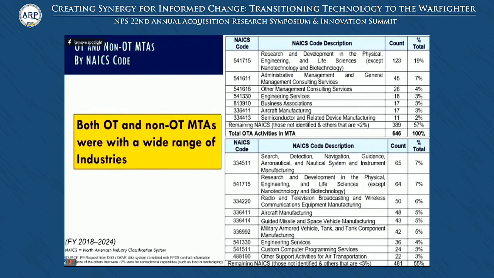In particular, you see the R&D part of the OTA far and ahead above the administrative and management use. But then when you look at the non-OTA, you see that the R&D aspect of it is pretty much tied with the actual manufacturing of aeronautical and nautical system equipment. Go down to the next slide, please.